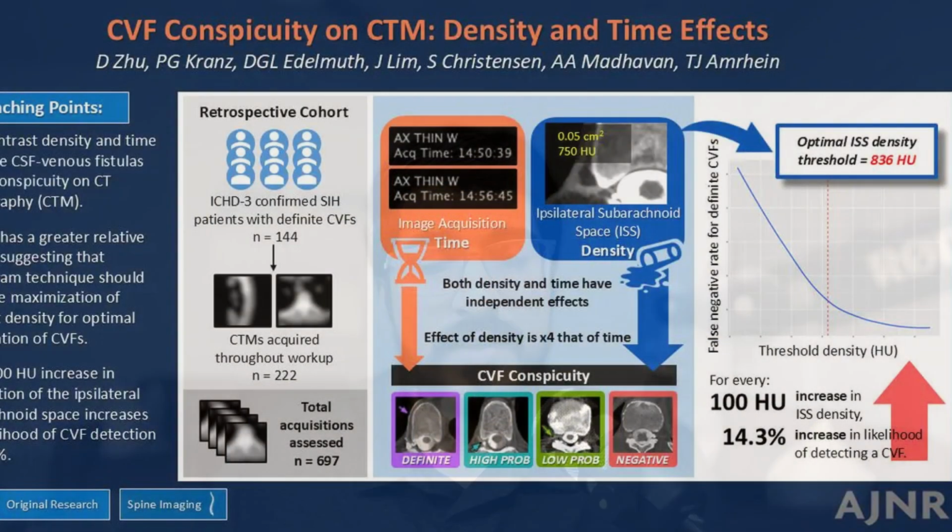Prioritizing high contrast density near the suspected level may improve visualization much more effectively than relying solely on rapid dynamic acquisitions. Before we wrap up this episode, I'd encourage you all to take a look at the graphical abstract on the AJNR website. It provides a very clean visual summary of the study and nicely illustrates the central message.